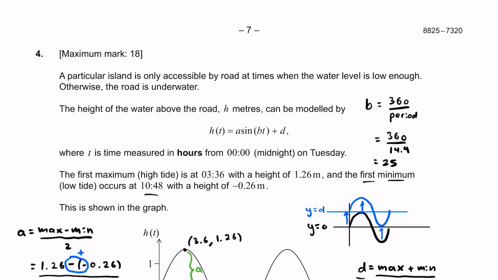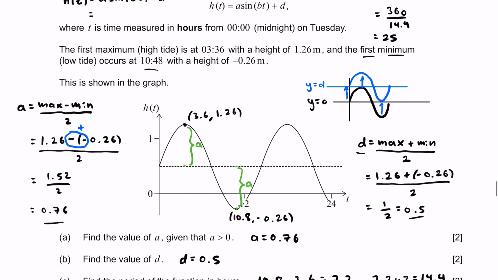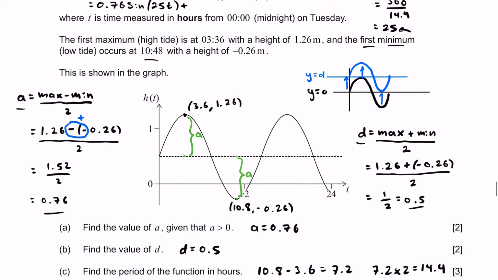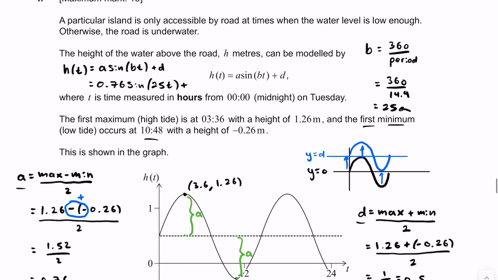I'm going to write it out and then I'll copy paste and bring it down. H of t equals a sine bt plus d. So a we said was 0.76. 0.76 sine bt. B is equal to 25, so 25t plus d, which we found here as 0.5.